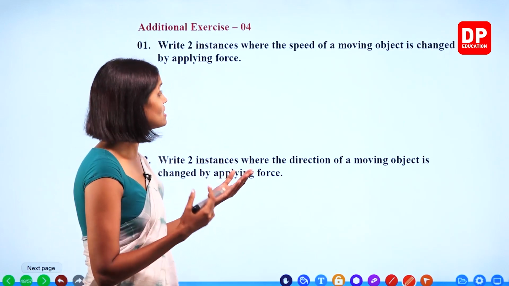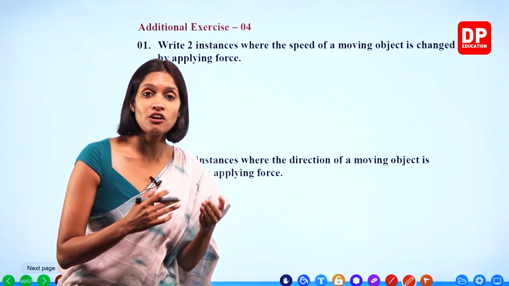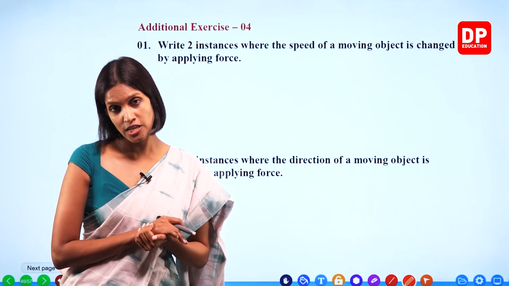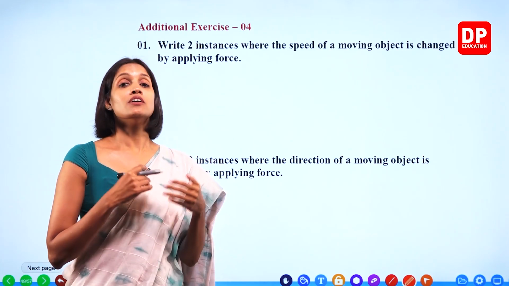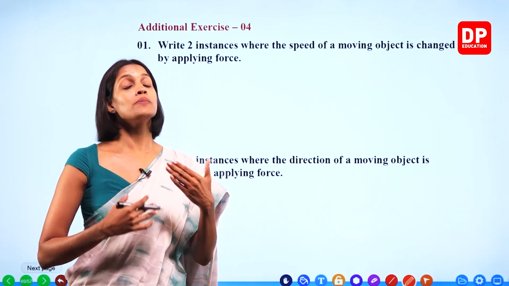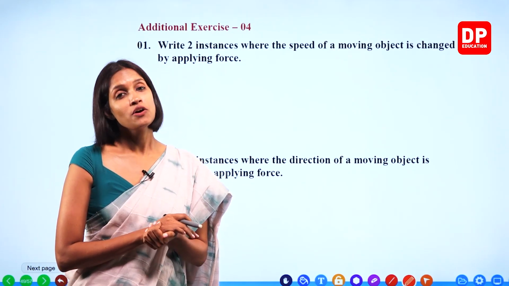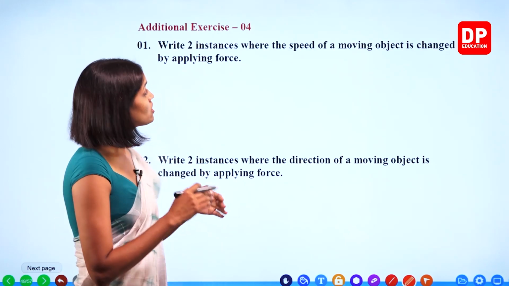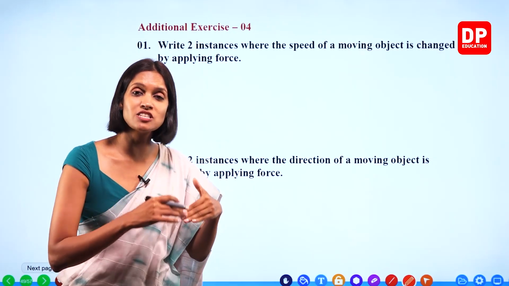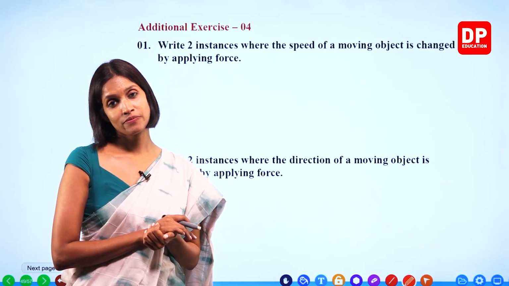By using the accelerators. Speed of the vehicle can be decreased by applying brakes. Okay, the speed of a bicycle can be increased by pedaling fast. Okay, children, and the speed of a bicycle can be again decreased by applying brakes.